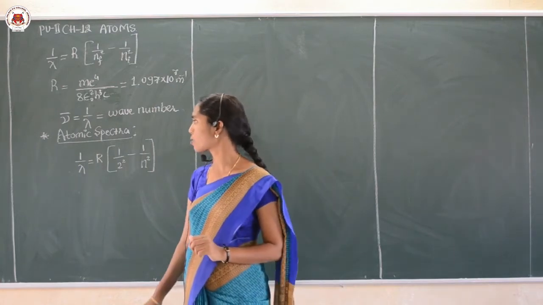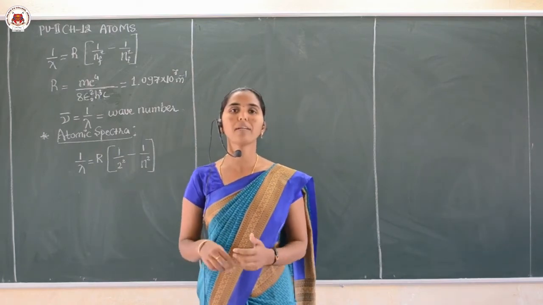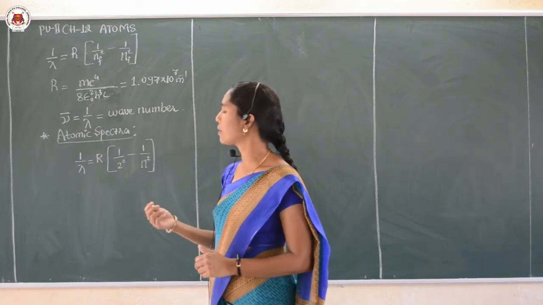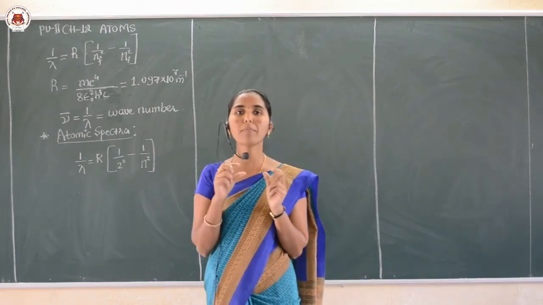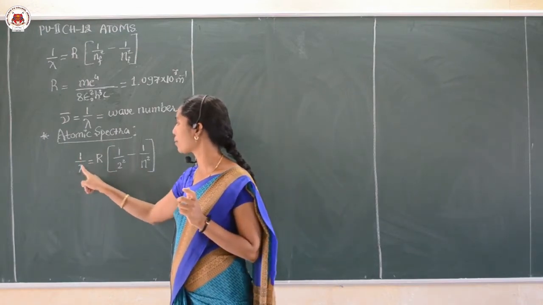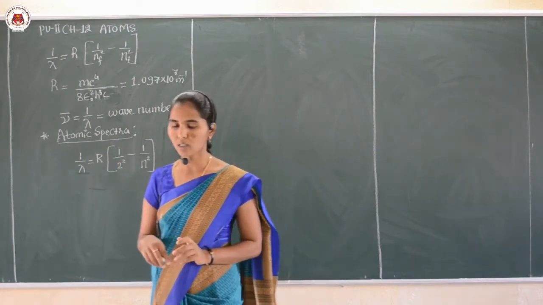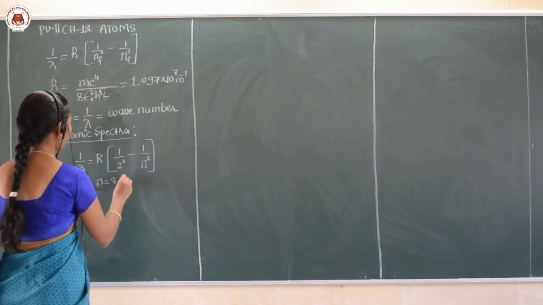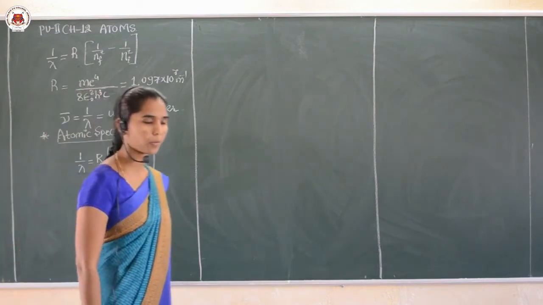Remember dear students, since the atomic spectrum was first observed by the scientist Balmer, that spectrum is called the Balmer spectrum or Balmer series, where the formula is 1 by lambda is equal to R into 1 by 2 square minus 1 by n square, and in place of n I can substitute the higher energy states 3, 4, 5, 6 up to infinity.